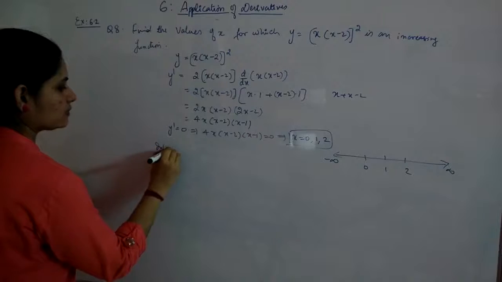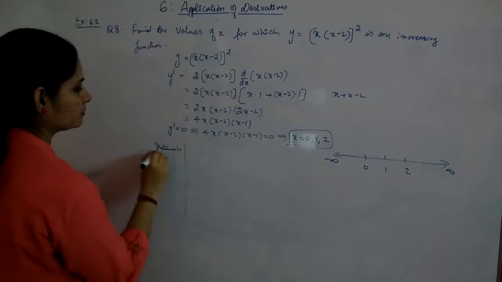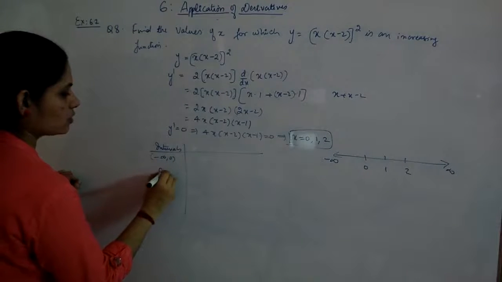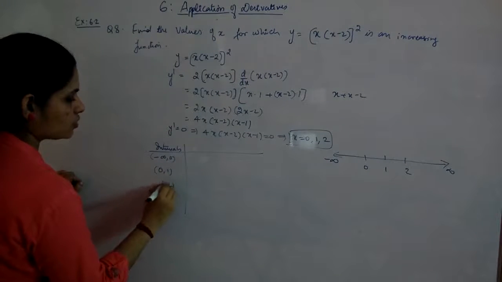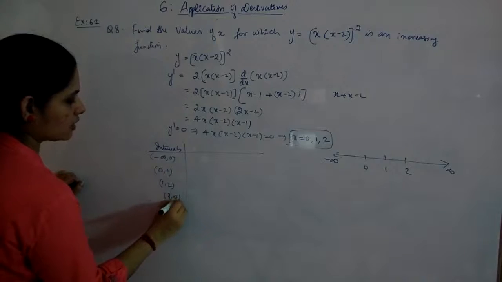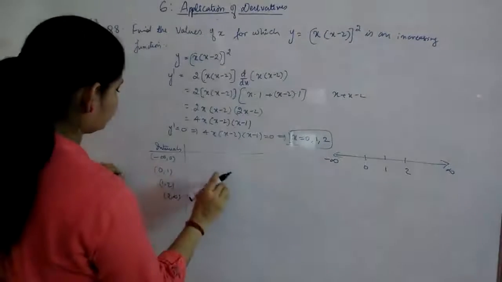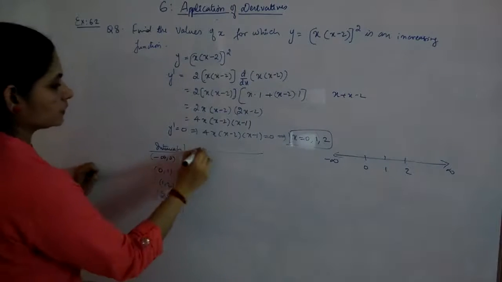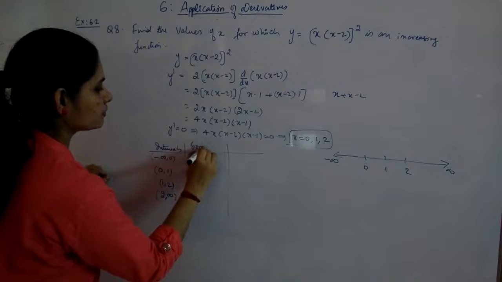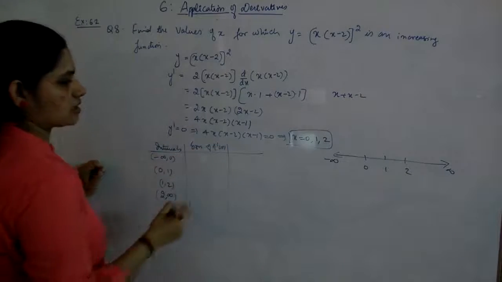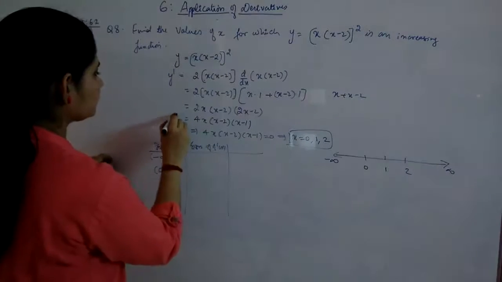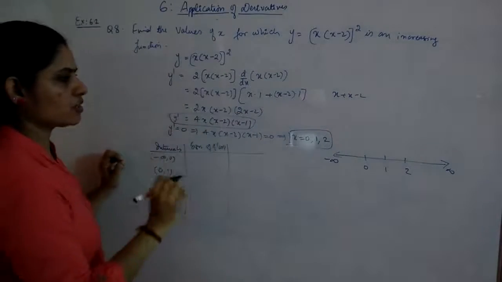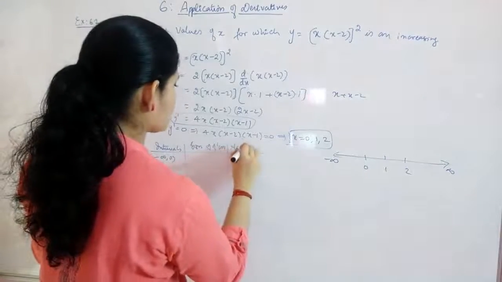So the intervals are minus infinity to 0, 0 to 1, 1 to 2 and 2 to infinity. The first thing, the sign of f dash of x. Again we will check here, including that 4, anyway it is positive, then also this is the nature of f of x.